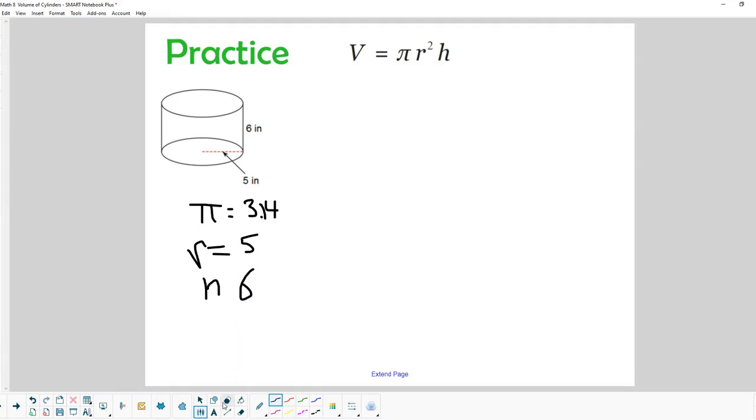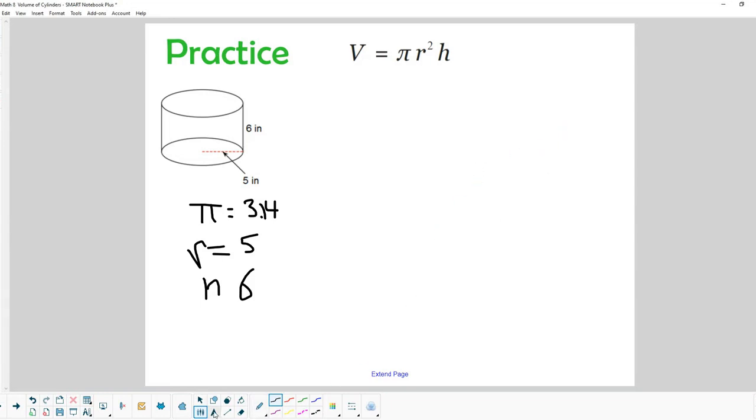So let's bring in a calculator and do this calculation. So we're going to do 3.14 times 5, and it's squared, right? So I'm going to square it, and then times it by 6, which is the height of the cylinder, and I end up with 471 units.